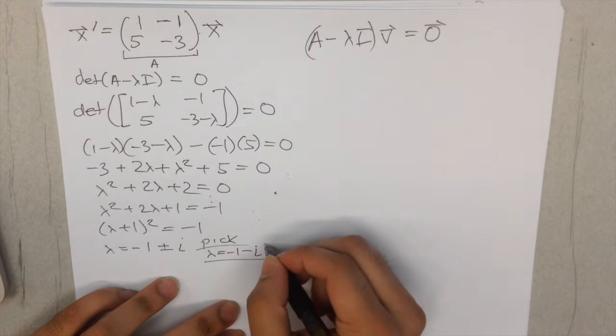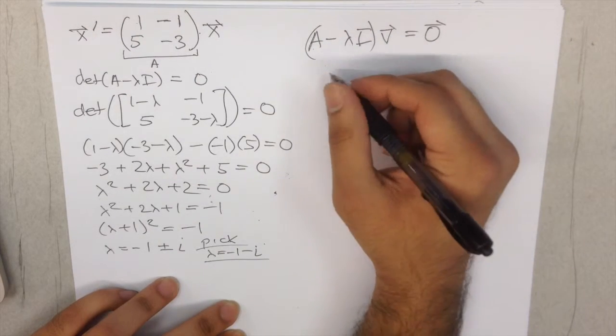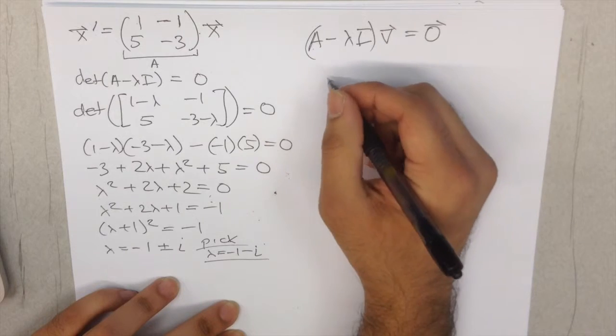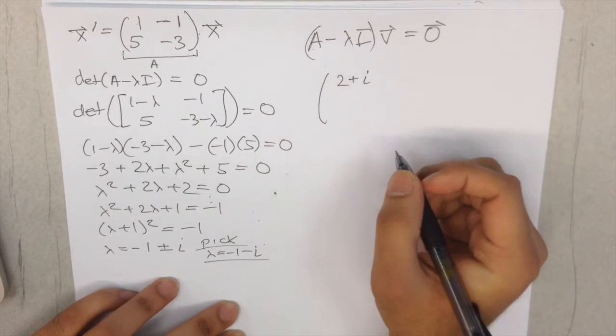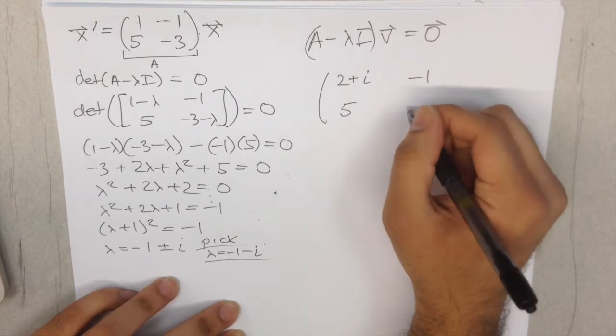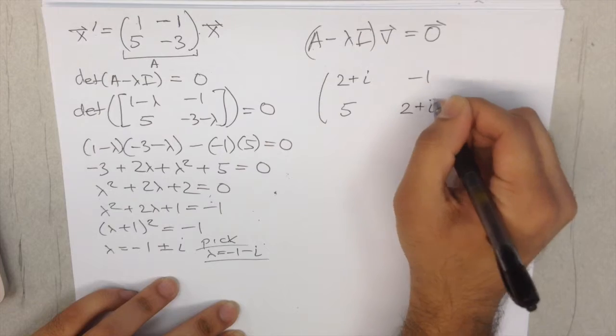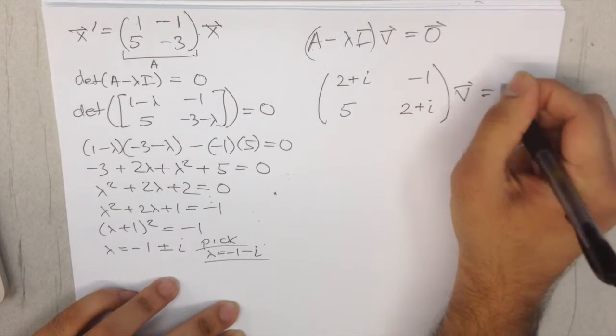So when I do A minus lambda I for this eigenvalue, I get [2 + i, -1; 5, -2 + i] times v is equal to 0.